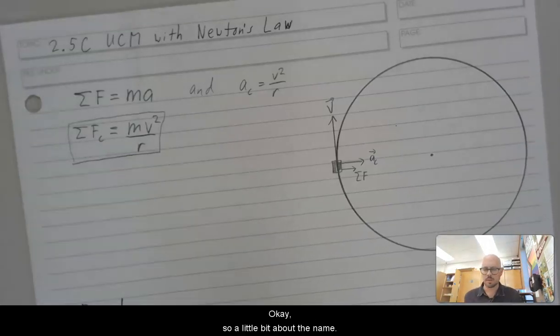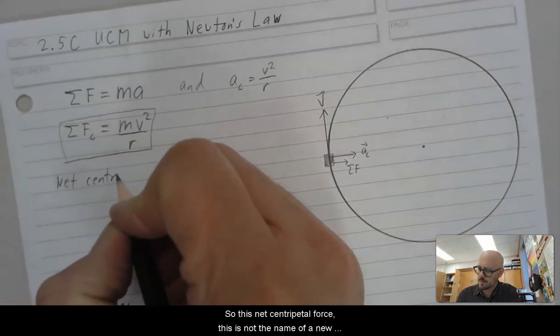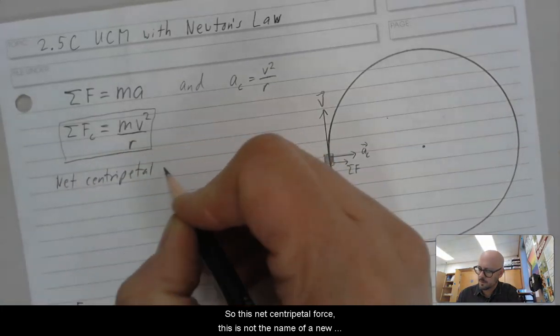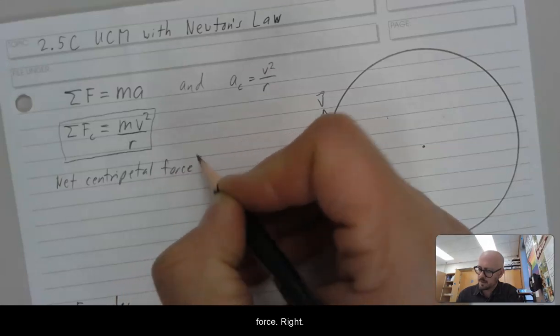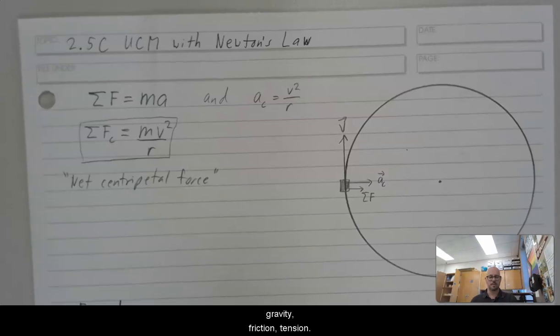Okay, so a little bit about the name. This net centripetal force is not the name of a new force, right? We know the normal force, gravity, friction, tension. We aren't learning a new type of force. We are learning that there's another direction. We talked about the x-axis, the y-axis, parallel to an inclined plane, perpendicular to an inclined plane. The fifth direction that we're learning is the centripetal direction.